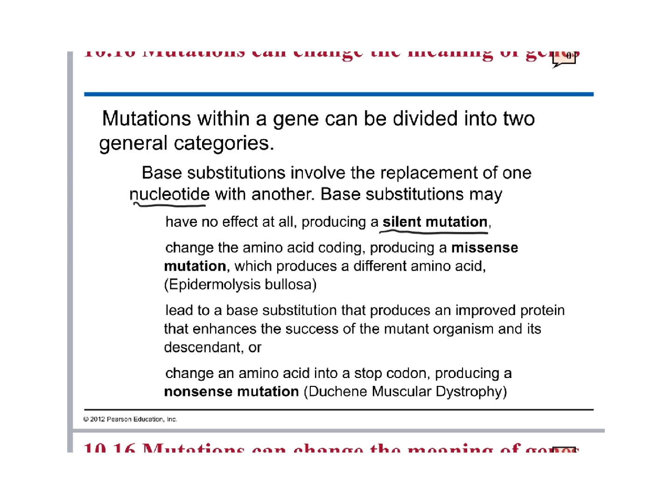It sometimes, though, can change the amino acid coding, producing what we call a missense mutation, which actually causes a different amino acid to be brought to the growing polypeptide chain and cause a condition like epidermolysis bullosa.